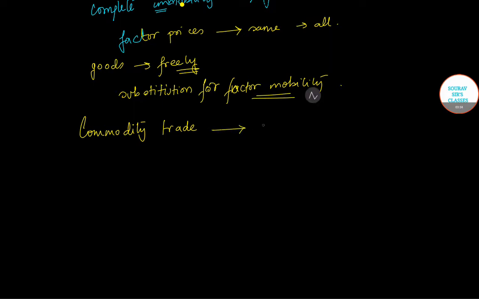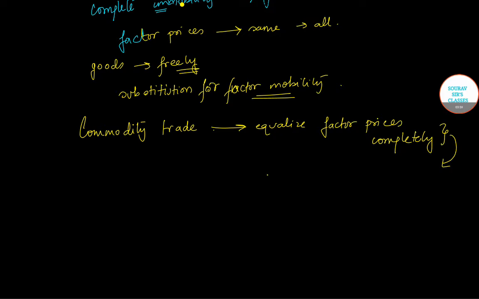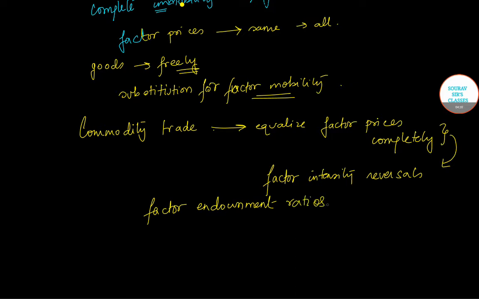So, when there is commodity trade, this will actually equalize factor prices completely, only and only in the absence of factor intensity reversal, that is between the factor endowment ratios of two countries, and provided that neither country specializes completely in production of one commodity.